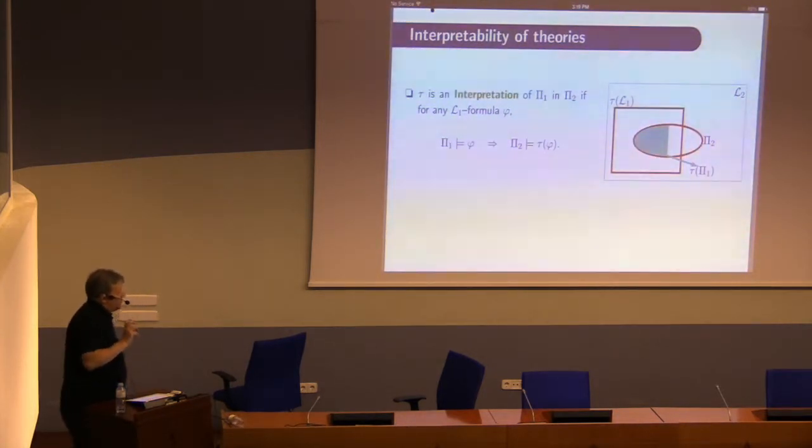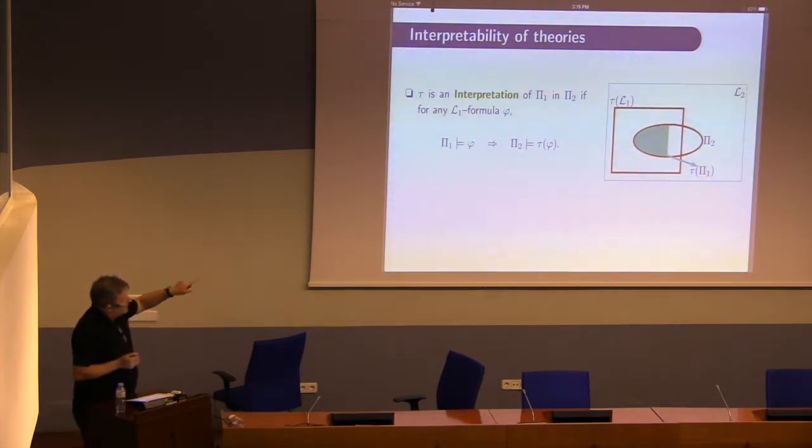And now, what does it mean to interpret one theory in another? Well, I can interpret pi1 in pi2 if every theorem of pi1 transforms into a theorem of pi2. So the picture is on the right. In the big square, you have all the L2 structures, all the models for L2.